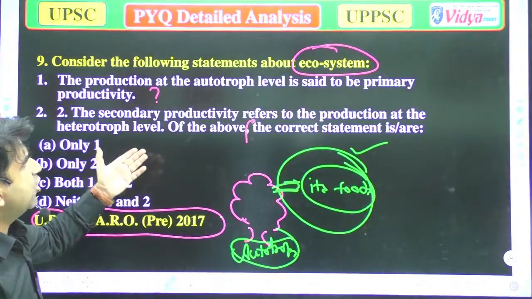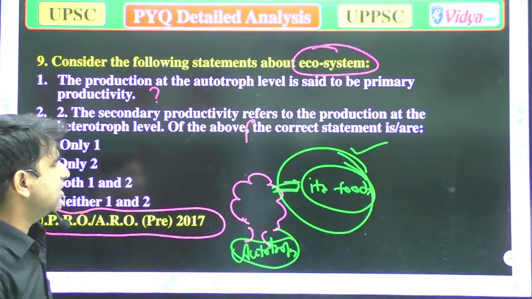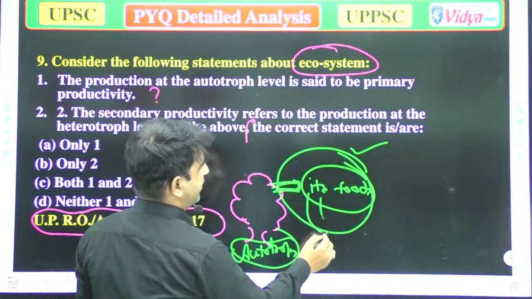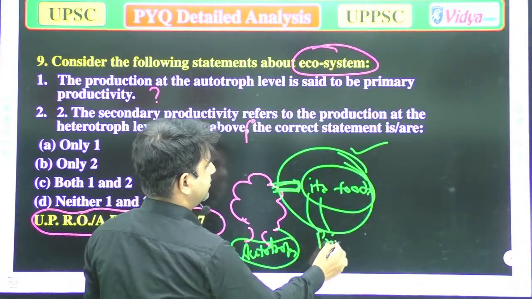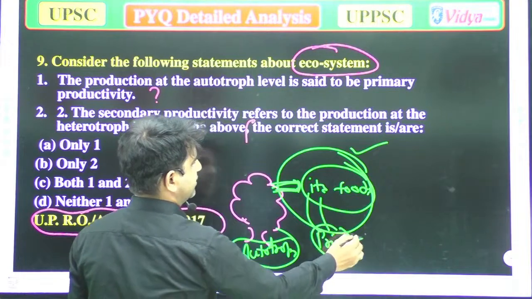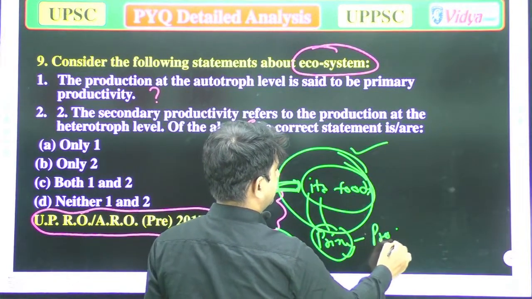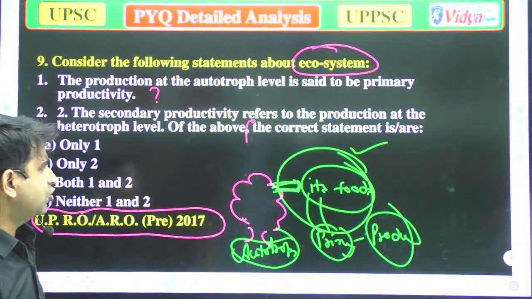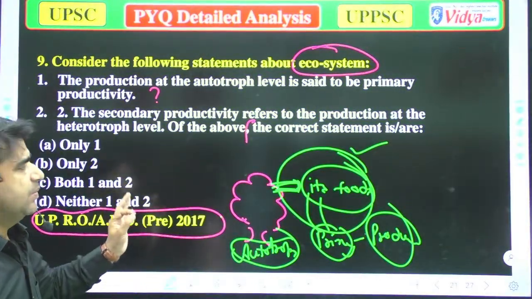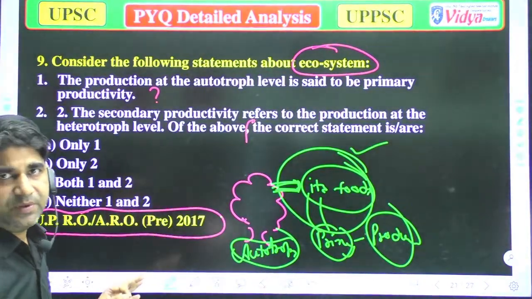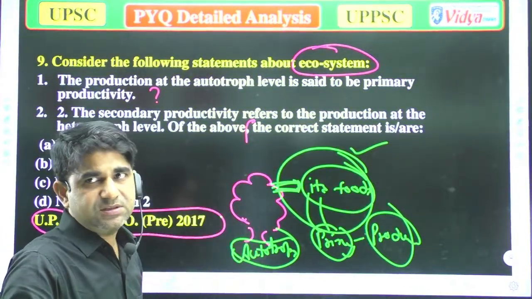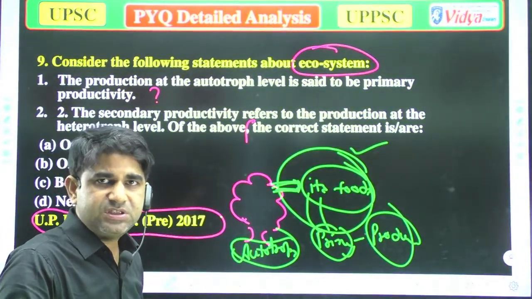The production at the autotroph level is said to be the primary productivity, because autotrophs are known as primary producers. They primarily produce various products.